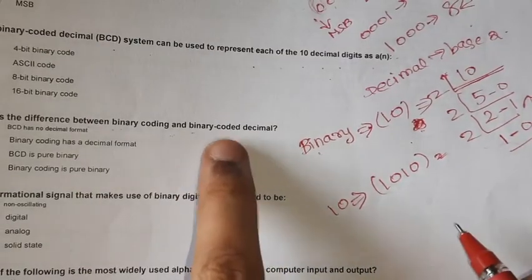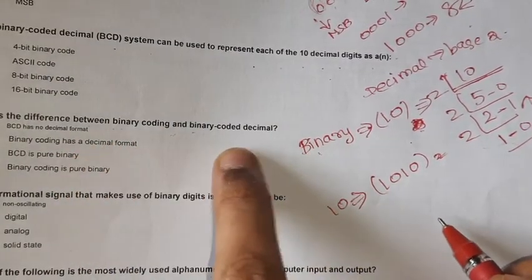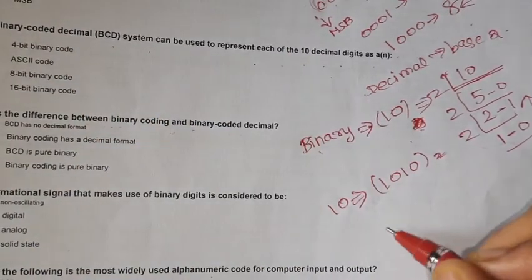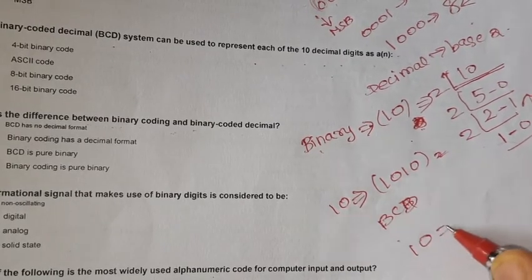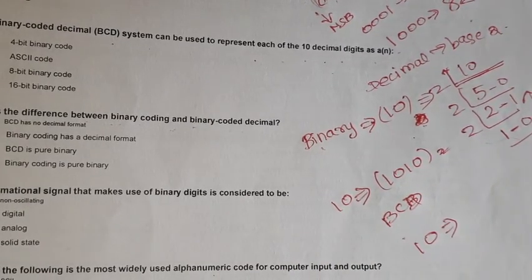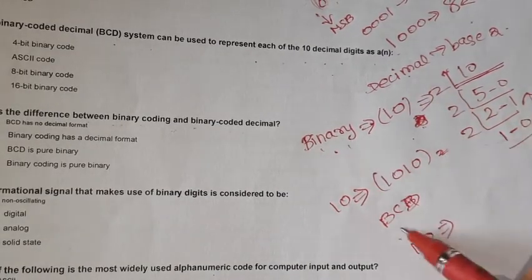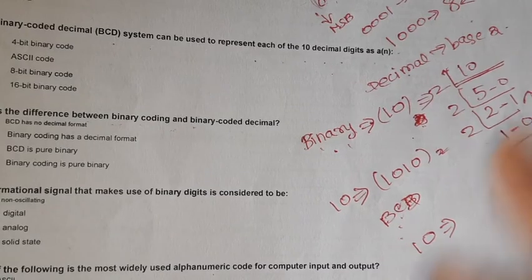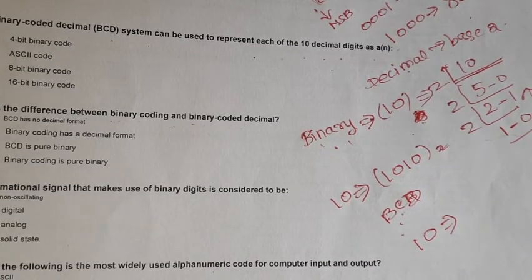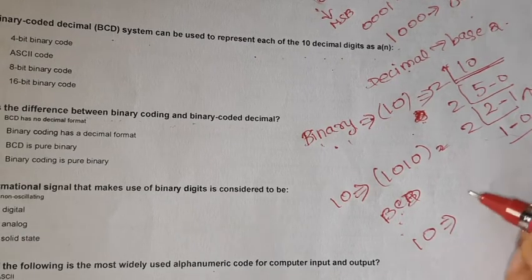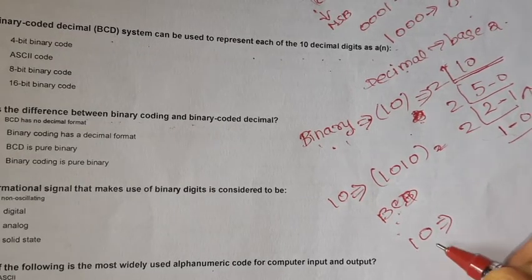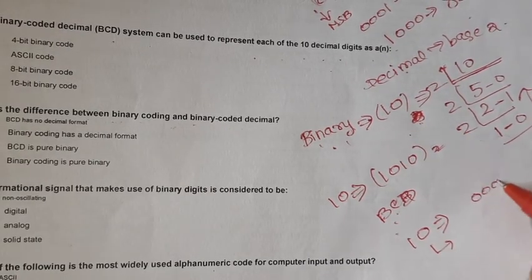So what is binary coded decimal, otherwise known as BCD? In the BCD system, how can we represent 10? For 0 to 9, binary coding and BCD give the same value; the binary equivalent will be the same. From 10 onwards the numbers differ, increasing by 6. How can we represent 10?